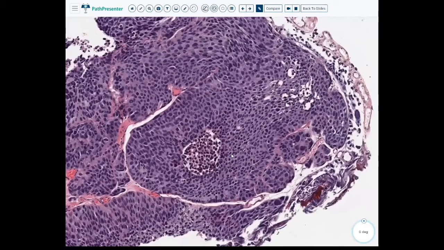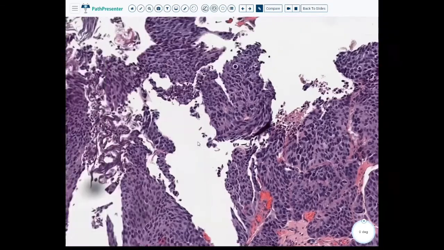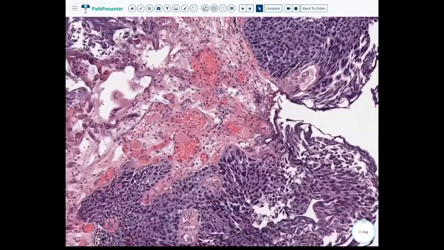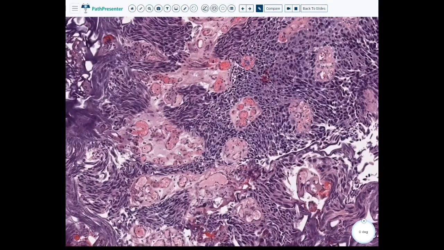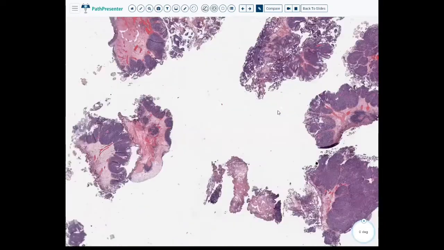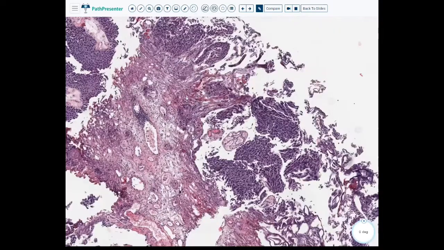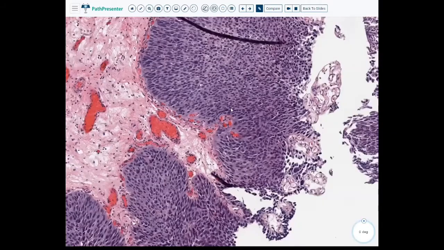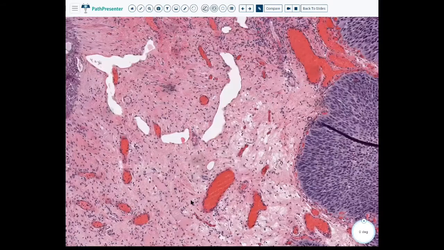A little bit of necrosis there. We have some neutrophils in that area. See all the vessels here. So again, it's a soft feature that can help you a little bit. This is like falling apart. So there are some high-grade features.